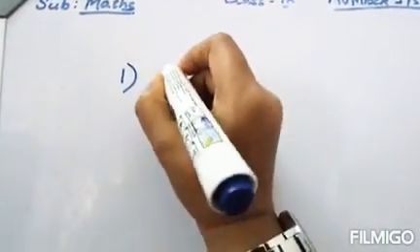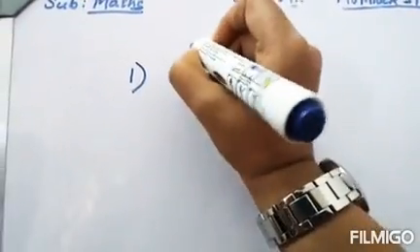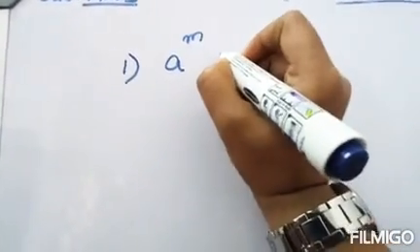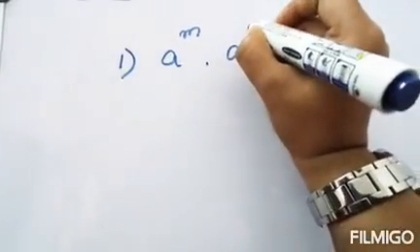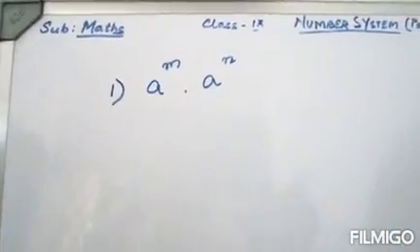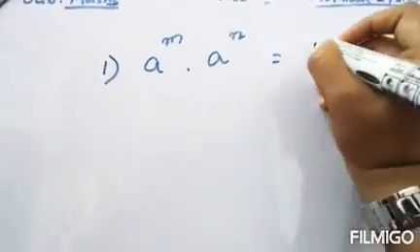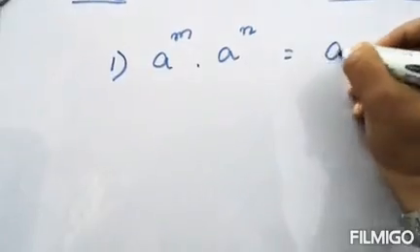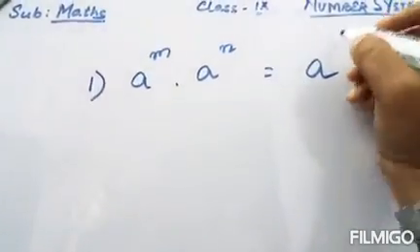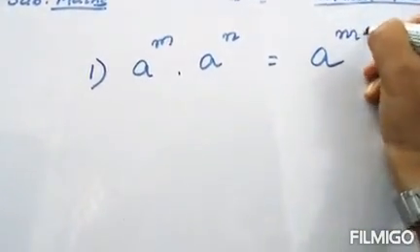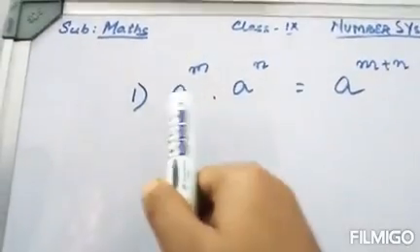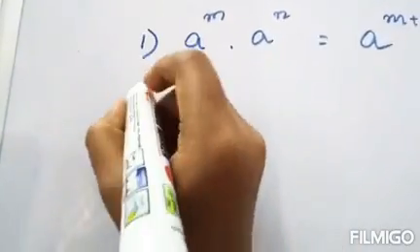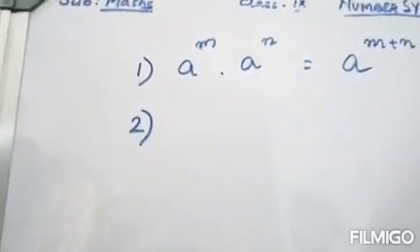Suppose A is a term having a power m, and another A is a term with a different power n. So instead of writing it in this way, we can directly write the base and add the powers. This operation can be done only when both the bases are the same and they are in multiplication form.